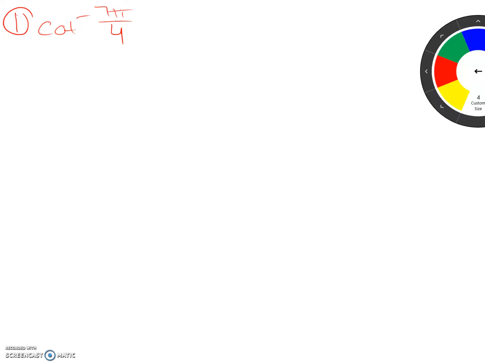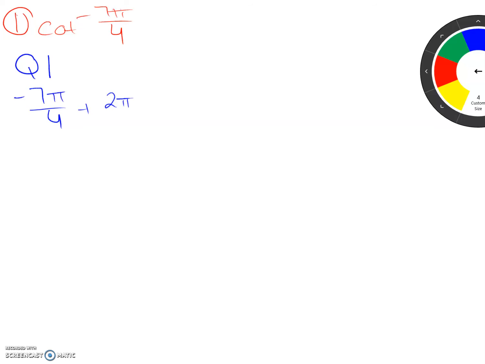Well, there's a few different ways you can do this. Negative 7 pi over 4 is actually in quadrant 1. One way you can do it is you can take your negative 7 pi over 4 and add 2 pi.